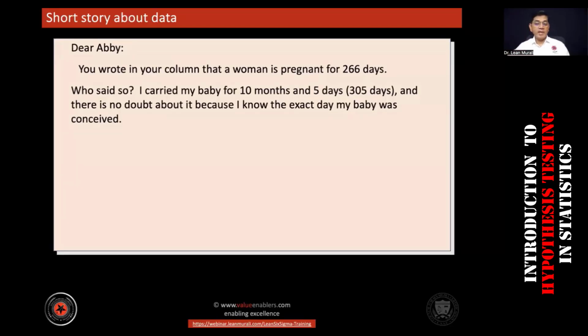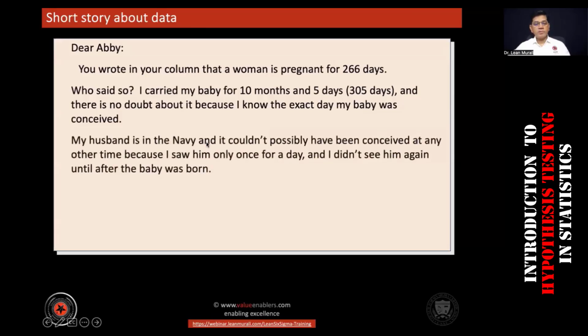And there is no doubt about it because I know the exact date my baby was conceived. I marked the date it was conceived, found positive, and then the baby's birth, and I calculated: 10 months and 5 days, which is 305 days.